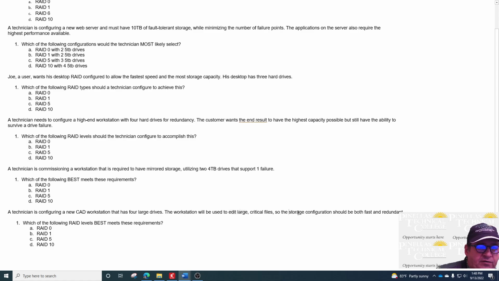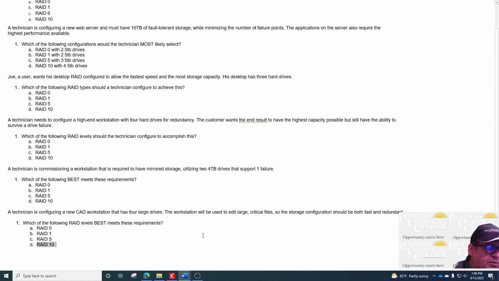The storage configuration should be both fast and redundant. Well, we know they're redundant, but there's only one of those that's fast for reading and writing of large files that you're going to edit, and critical files. So when it comes down to it, the only one that's really good for reading and writing is RAID 10.